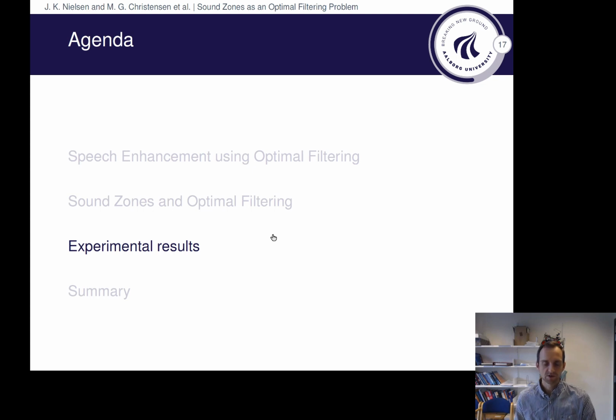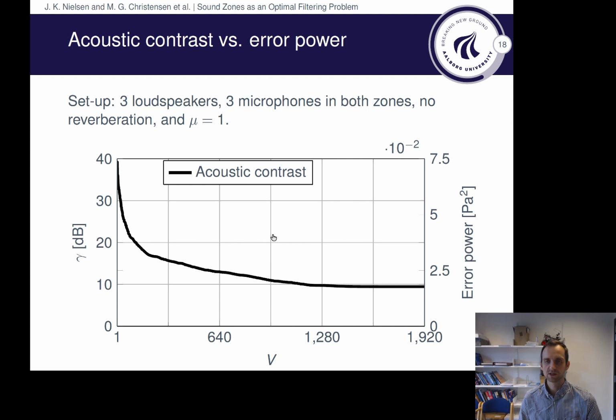All right, so now I'm going to go through a few experimental results. The first one is really just to illustrate that we trade off acoustic contrast for signal distortion.